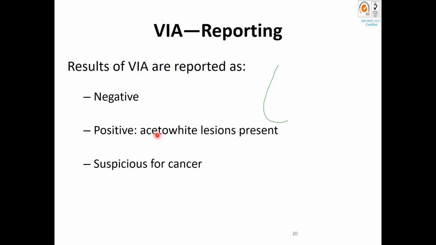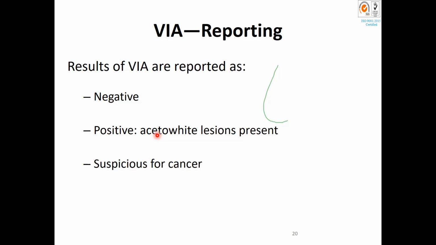And we only report in 3 ways. It is either positive or negative, and an obvious thing which will show us as suspicious for cancer. Sometimes somebody wants to write suspicious because that person is suspecting that maybe whatever I'm seeing looks like it, but doesn't have the characteristics of suspicious.